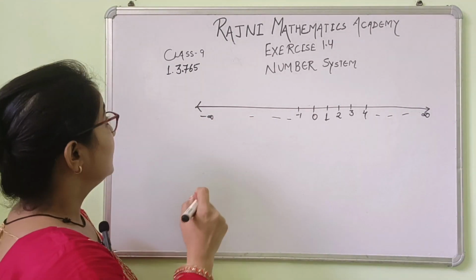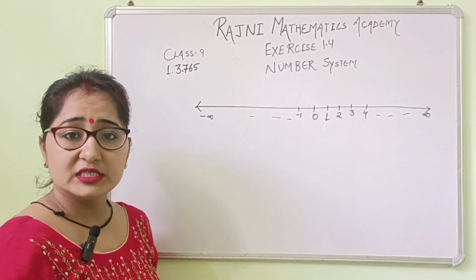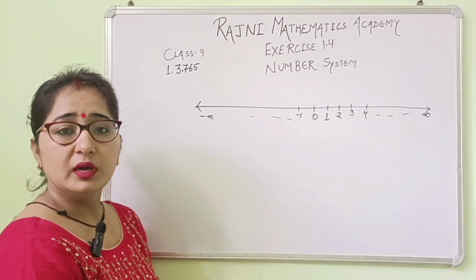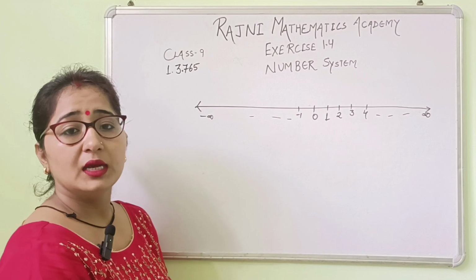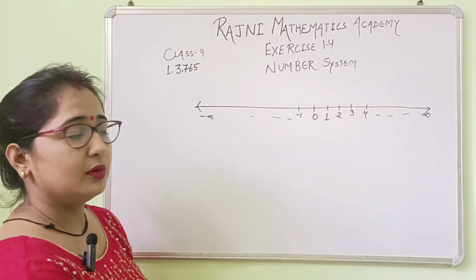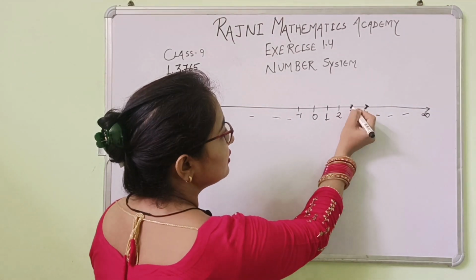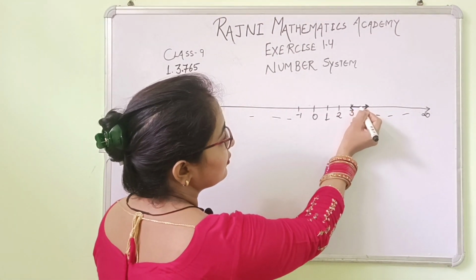The number is 3.765. The number is greater than 3, so it will lie somewhere in between 3 and 4.